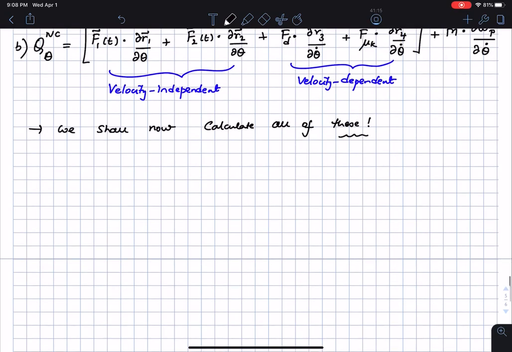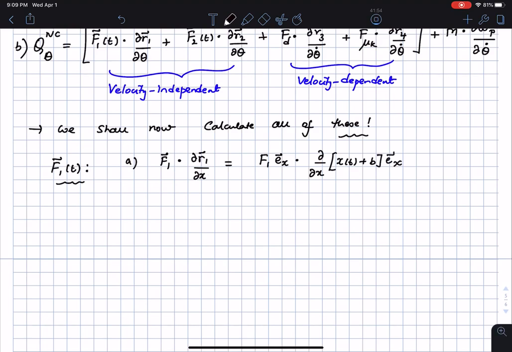Okay, so I start off by looking at the force F1. F1 of t. Okay, so I look at F1 dotted with dr1 by dx. This is going to be F1 ex dotted with, I'm sorry, this is dx, not dx1. This is going to be r1, which was the following, d by dx of x of t plus b ex.